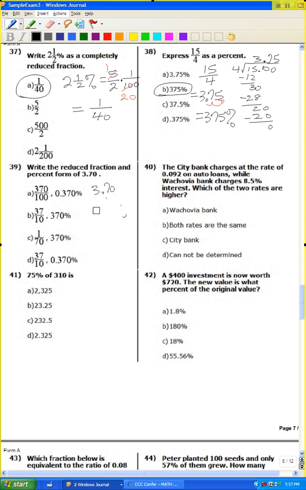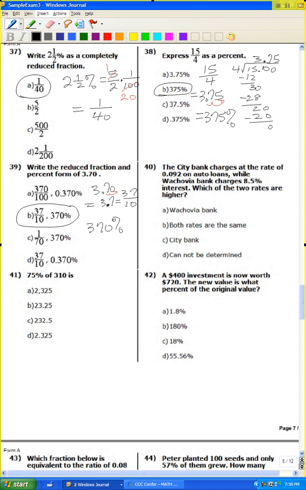Okay, so let me rewrite this. I didn't see that. So this is the same as 3.7, which is 37 over 10. Or move my decimal 2 places to the right, so 370%. And so the answer is B. 37 over 10, and same as 370%.